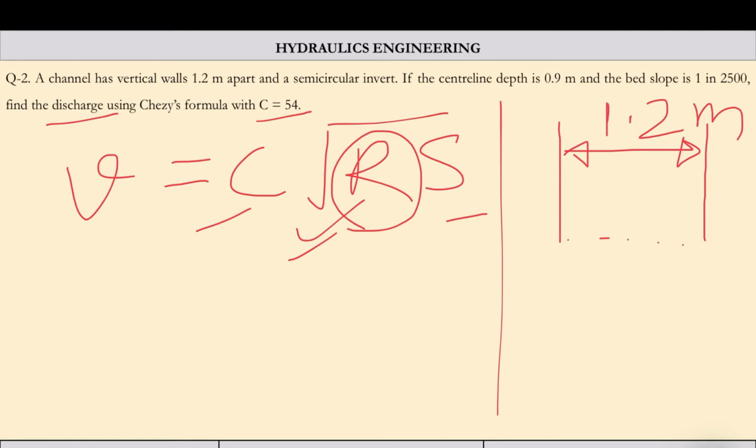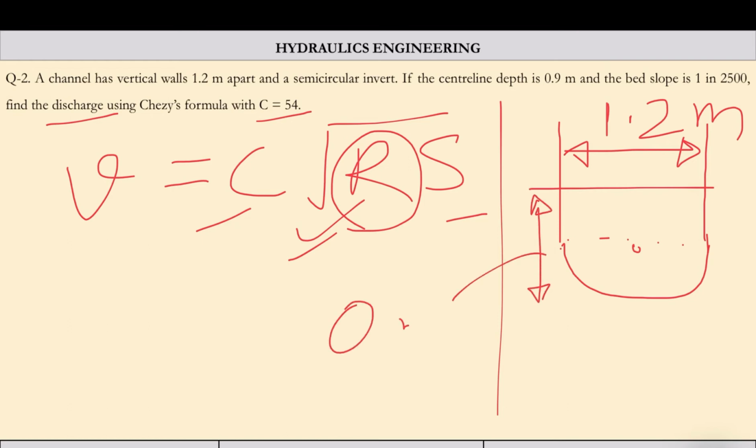So if we are here, this semicircular invert is given as this. If the center line depth is 0.9 meters, so for this cross section we have to calculate area and velocity.